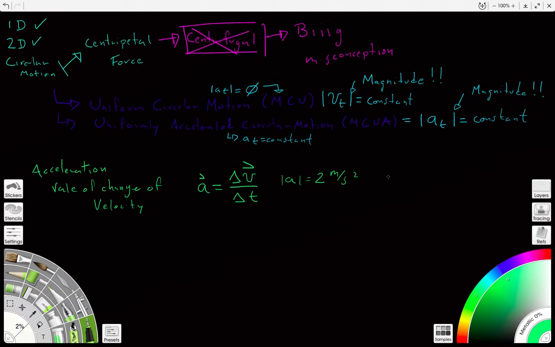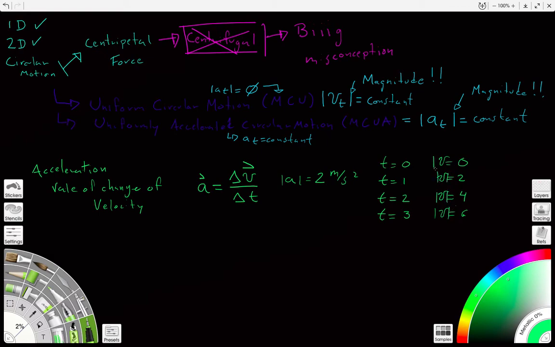That means that at time 0, my velocity is 0. At time equal 1, my velocity would be 2. At time equal 2, my velocity would be 4. At time equal 3, my velocity would be 6. I'm talking strictly about magnitudes right now.